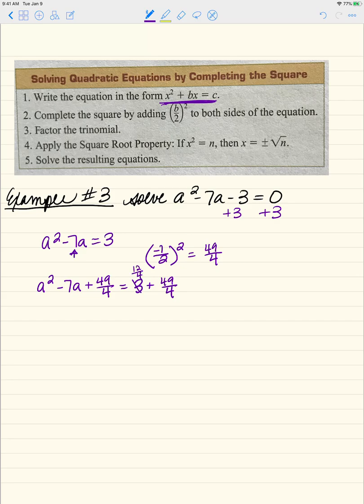Now, factor the resulting perfect square trinomial on the left. That is a minus 7 over 2 squared is equal to 12 over 4 plus 49 over 4, which is 61 over 4.